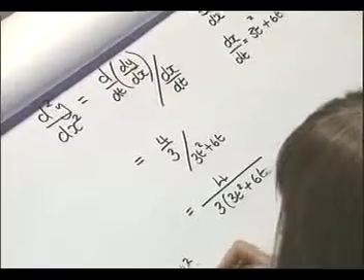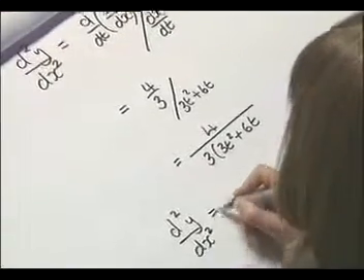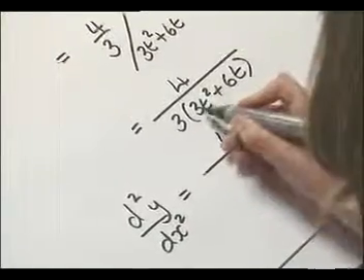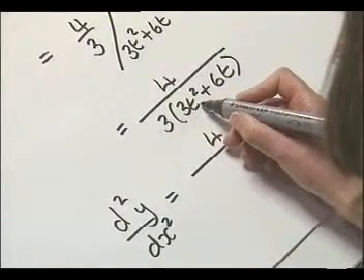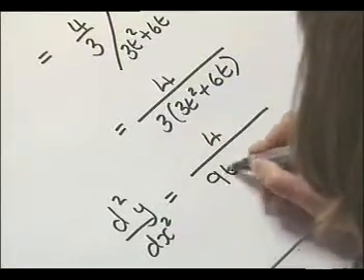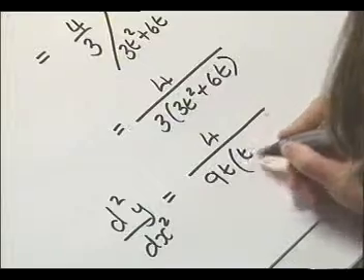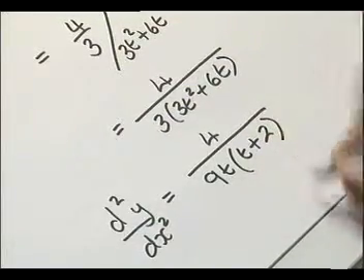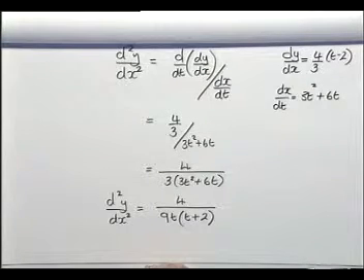So d2y by dx squared is equal to 4 over, and here we can take another 3 and a t outside of a bracket to tidy this up, 9t into t plus 2. And that's all there is to it.